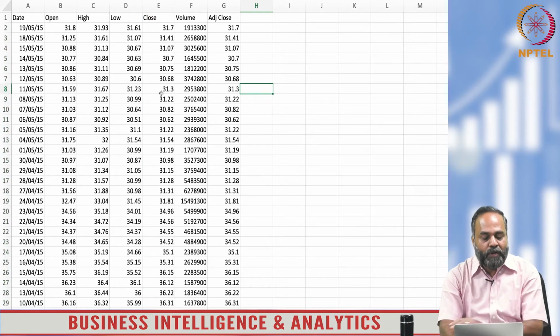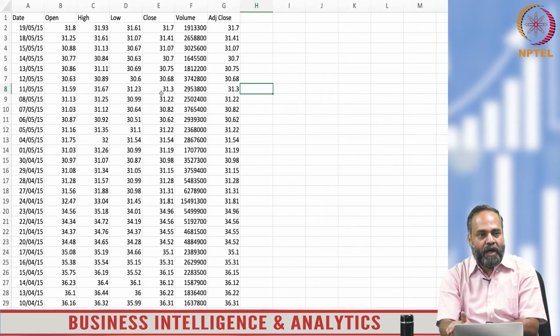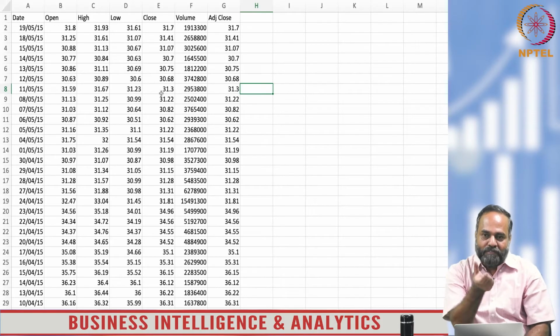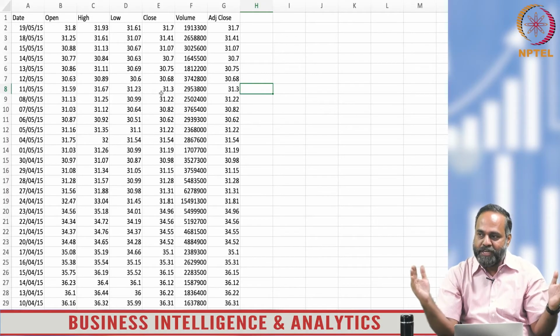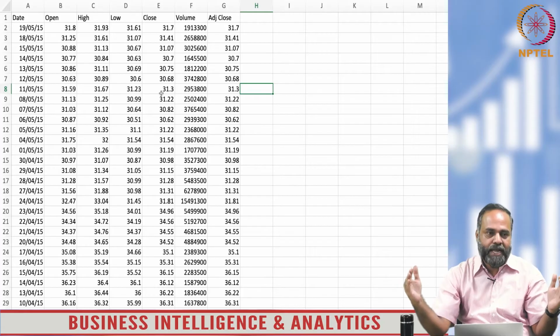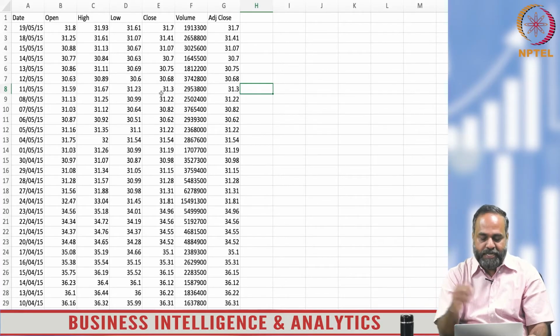Also, if you look at the series, you can see it starts with the current data, the latest 2015 data, and the ending is with the old data. So we may have to reverse this, so that we use the initial data for training and the final data for testing and validation.